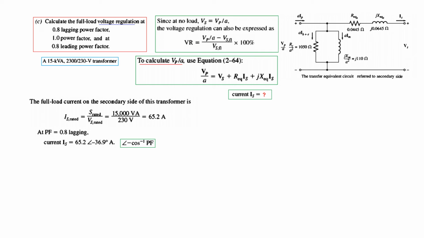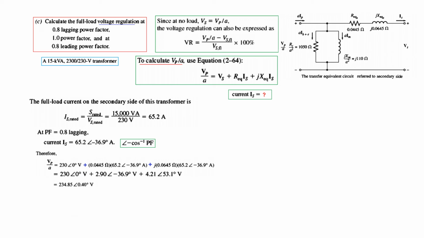So for 0.8 power factor lagging, the angle will be minus 36.9, with a minus sign because it is lagging, and we got this from cos inverse of the power factor, that is 0.8. So cos inverse of 0.8 is 36.9, and we put the minus sign. So we have now found the current.